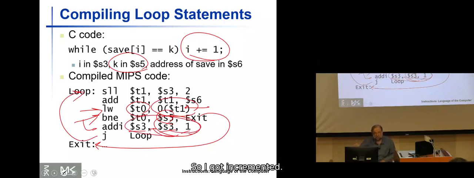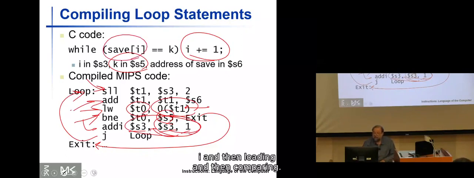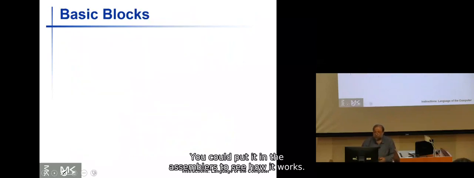Then again, multiplication by 4, finding the location of the element of save I, then loading, then comparing, and again the same. You could put it in the assembler simulator to see how it works.